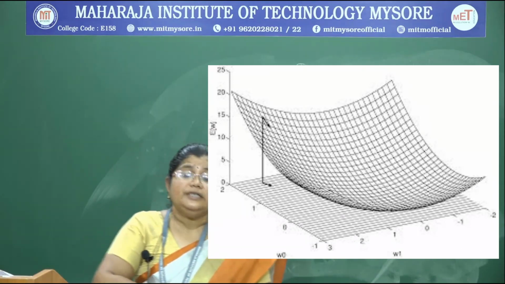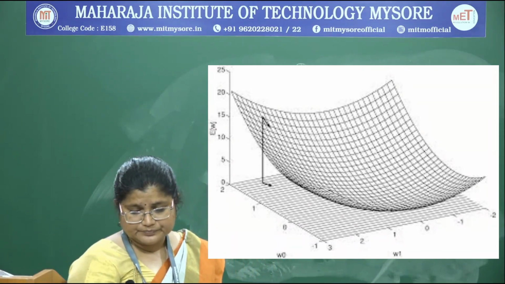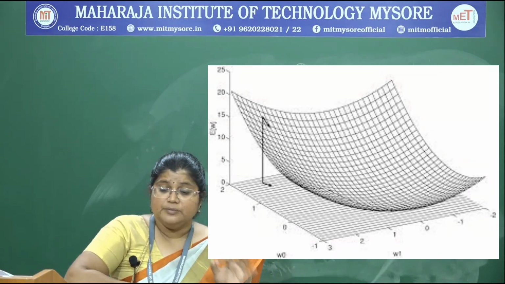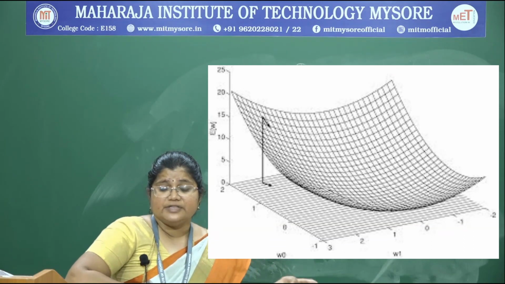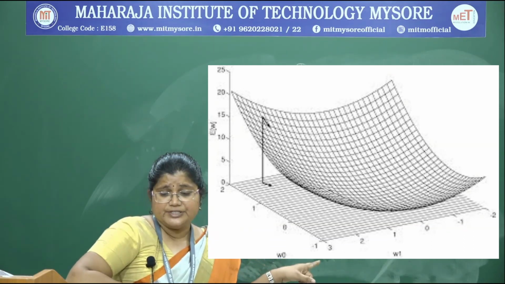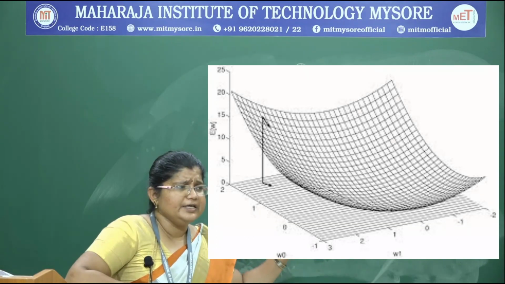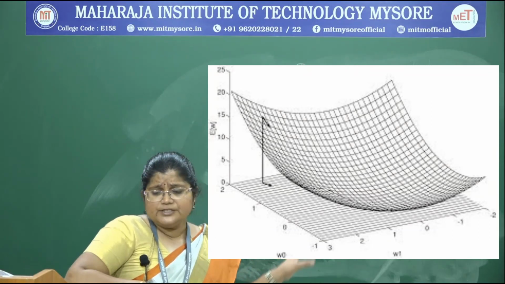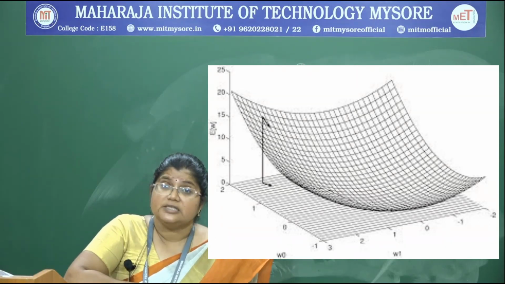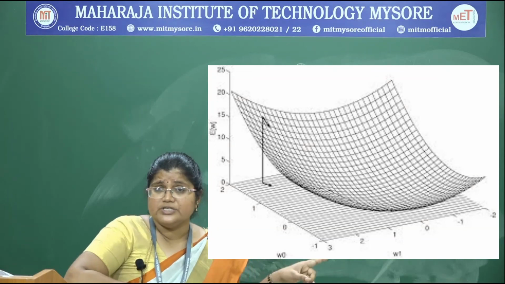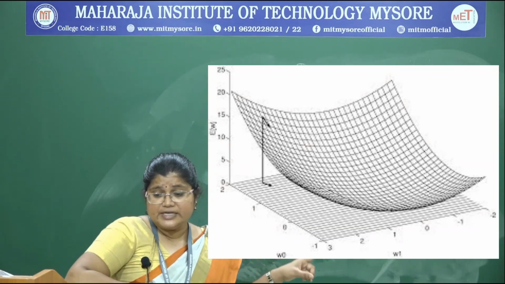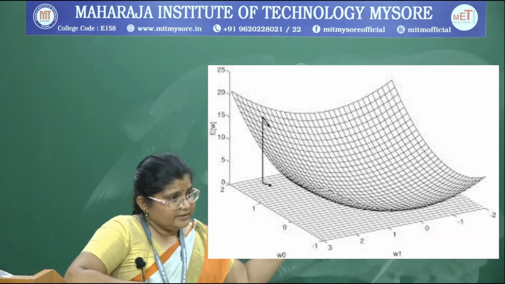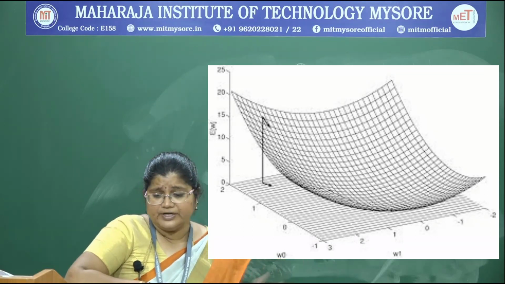Gradient descent determines a weight vector that minimizes E by starting with an arbitrary initial weight vector, then repeatedly modifying it in small steps. At each step, the weight vector is altered in the direction that produces the steepest descent along the error surface depicted in this figure.